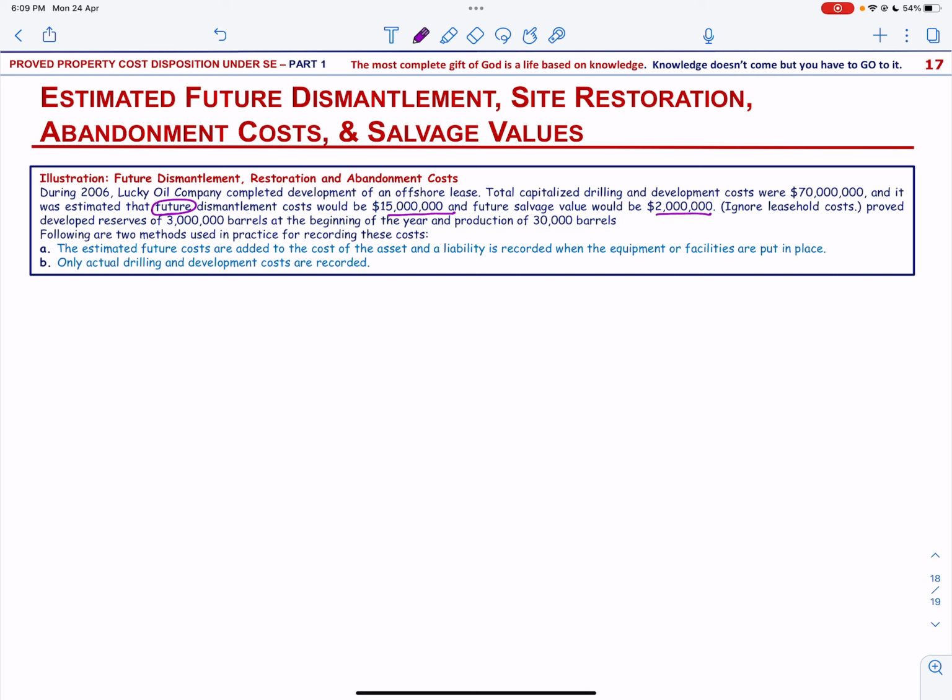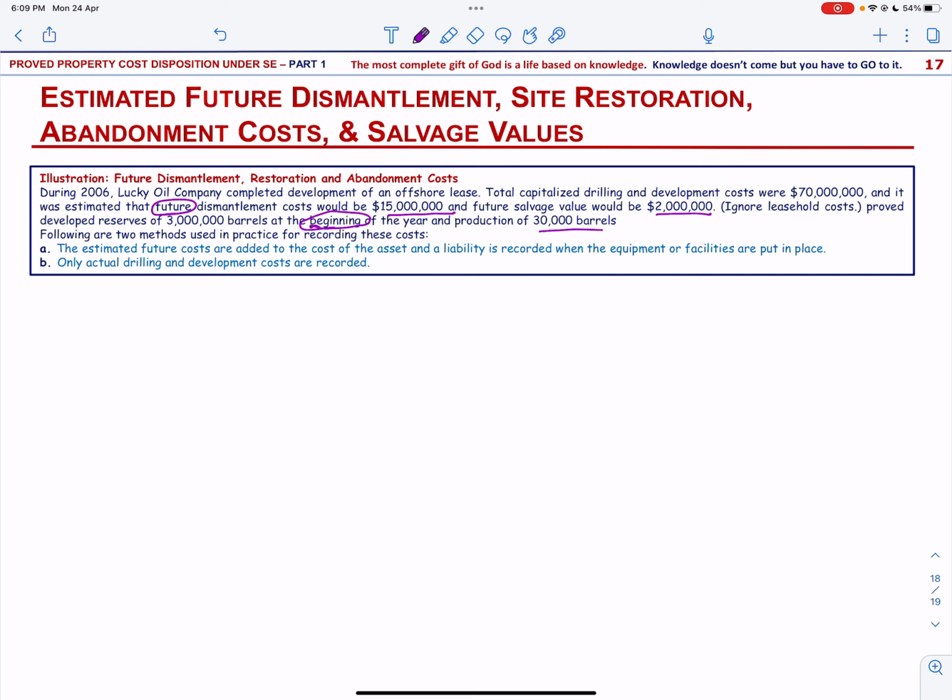Ignore leasehold cost. Proved developed reserves of 3 million barrels at the beginning of the year and production of 30,000 barrels. Now you see here they are giving us the proved developed reserves at the beginning of the year and not at the end. The estimated future costs are added to the cost of the asset, and so we have to follow the two methods.